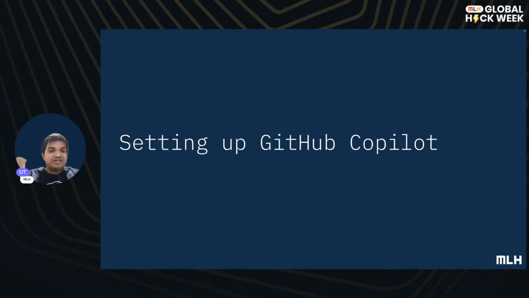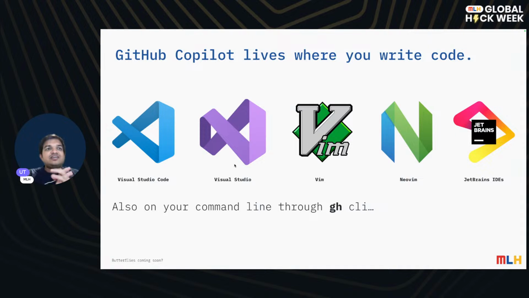Now, if you want to set up GitHub Copilot, you need an IDE. What is an IDE? An IDE is where you write code. Some of the popular ones are Visual Studio Code, Visual Studio, Vim, NeoVim, and many JetBrains IDEs. Some people also prefer Notepad++.